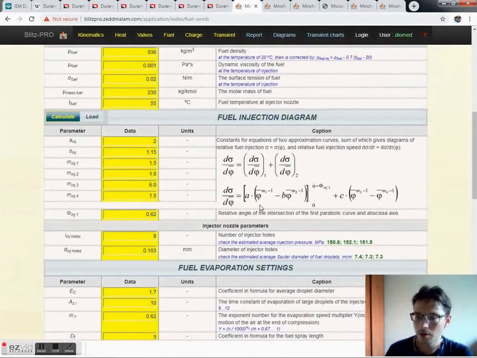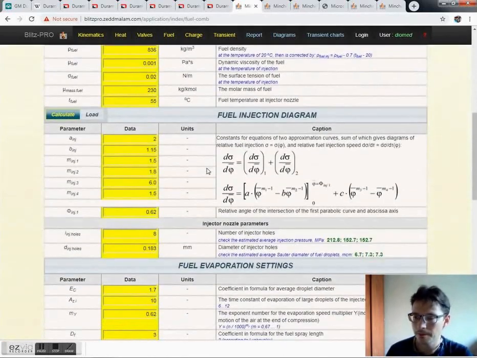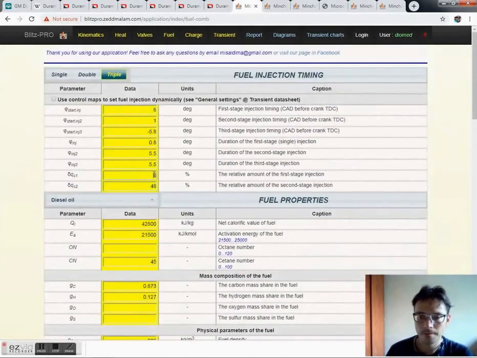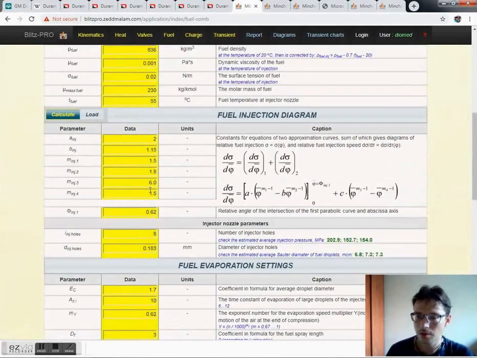We can also just try to make the first or pilot injection a little bit smaller. Let's try to make it smaller. Okay. I'll try to make the pressures equal.